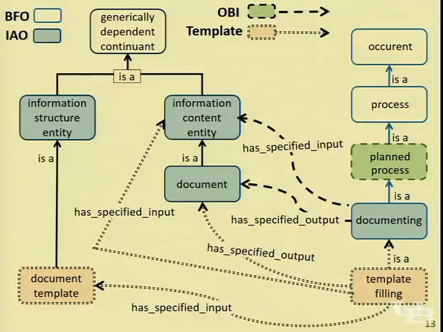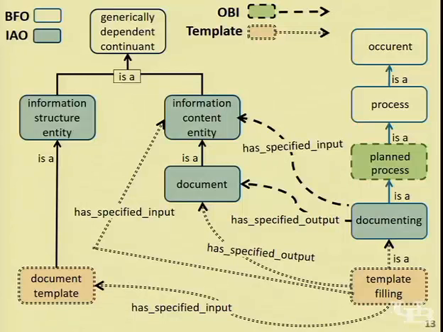This is the previous definition from OBI, which means that this process, documenting, has participant some information content entity as input to the process, and this information content previously exists. And the document is a specific output that participates in this process, but it's created during the process. This is the idea of this.